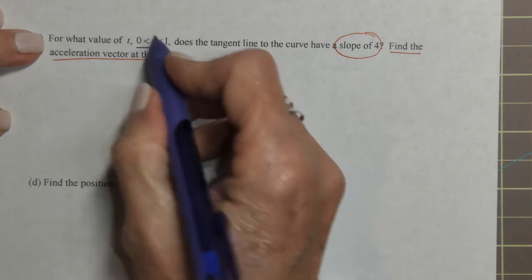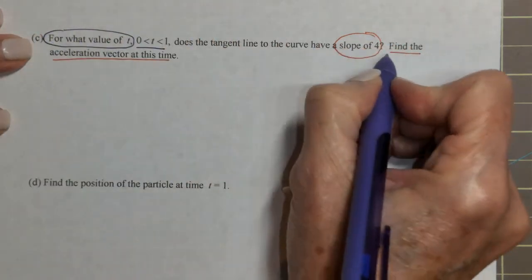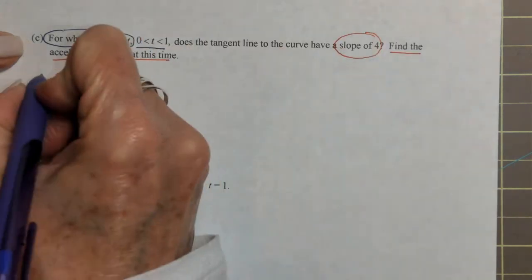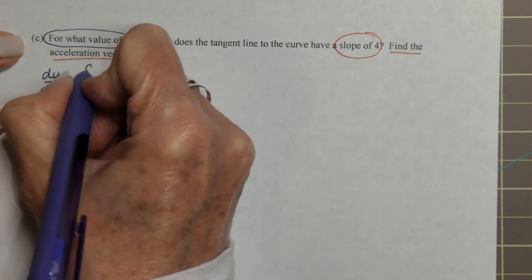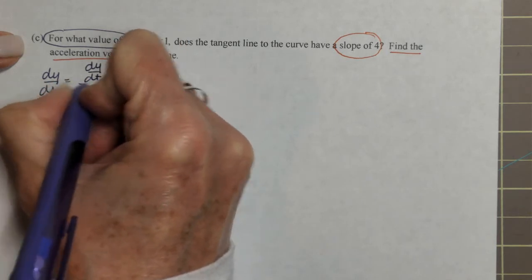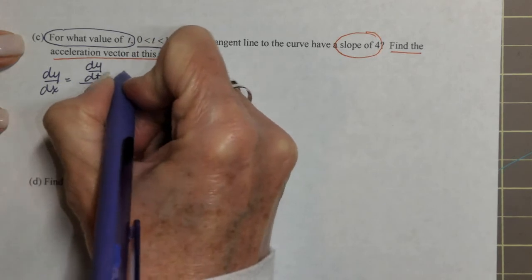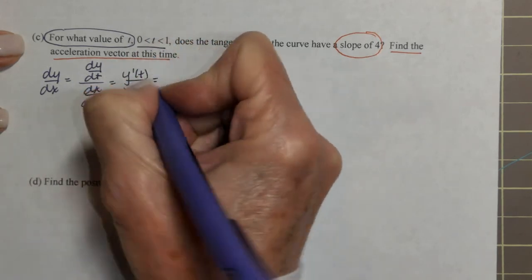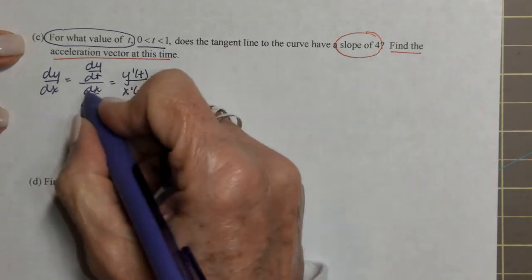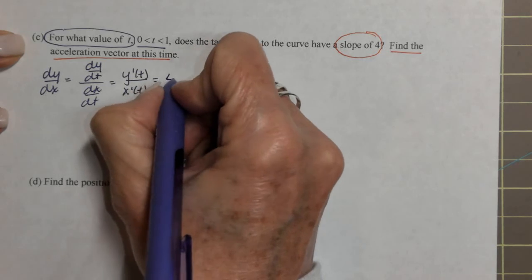At what value of time, for what value of t, is the slope 4? Well, the slope is dy/dt over dx/dt. We start with that, which is y prime of t over x prime of t. Either way you want to write that is fine. You don't have to do it both like I did, but either one is good. We want that to be 4.